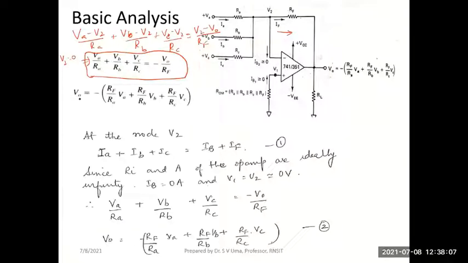And now I want to try to find an expression for the output voltage V0. So I'll retain V0 on the right hand side and I'll shift this minus RF to the other side. So I will get minus RF by RA into VA minus RF by RB into VB minus RF by RC into VC.